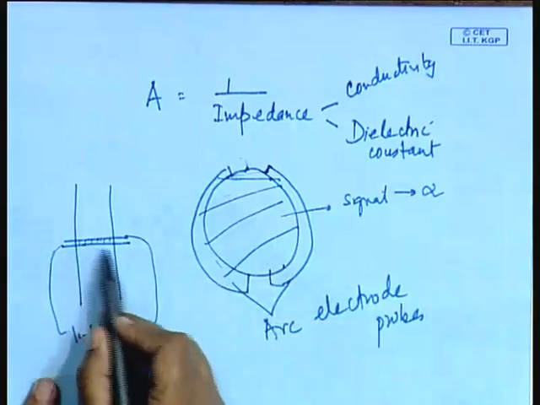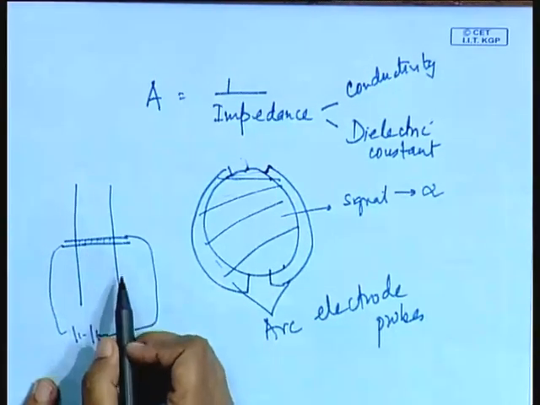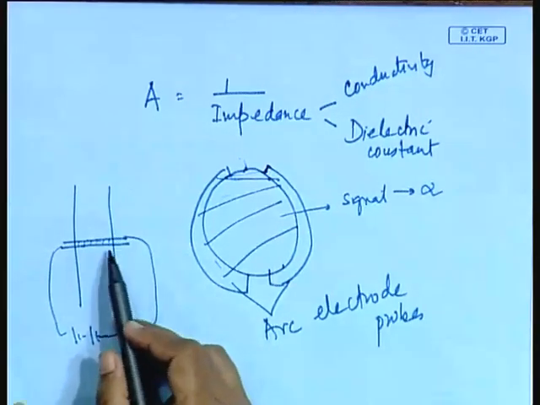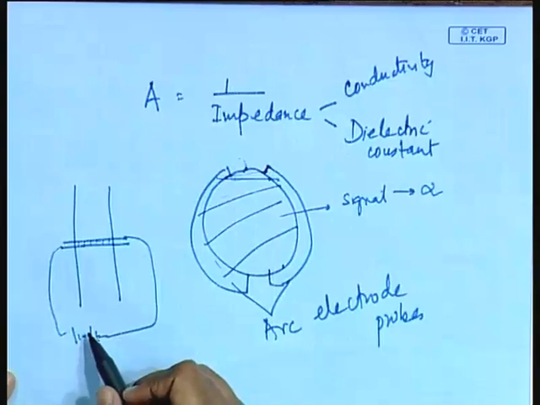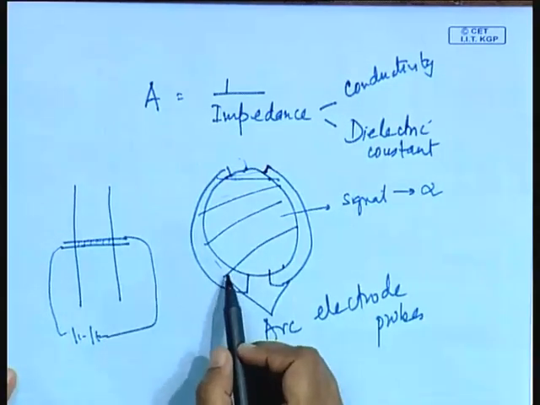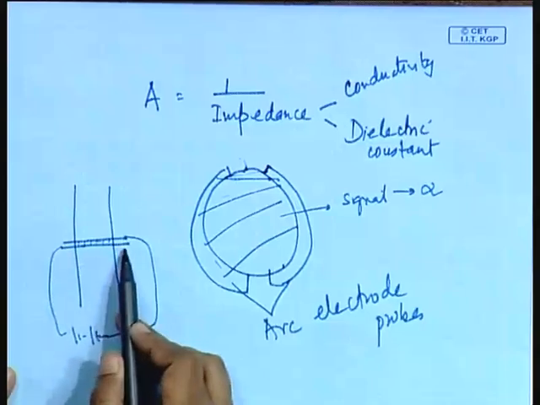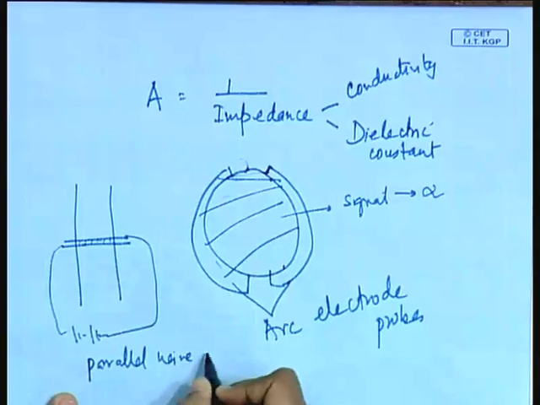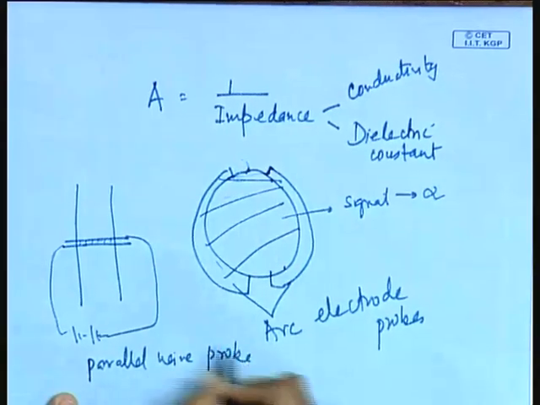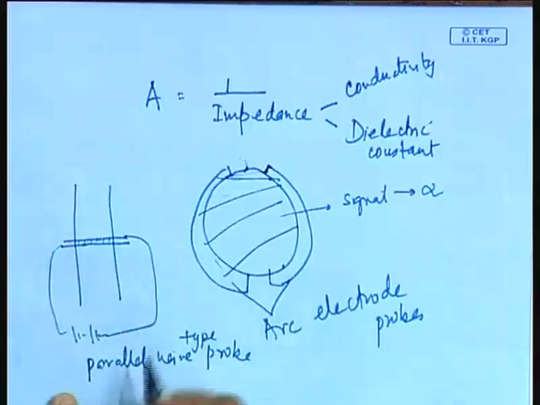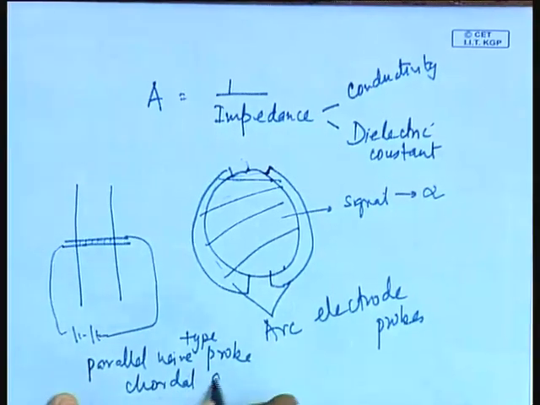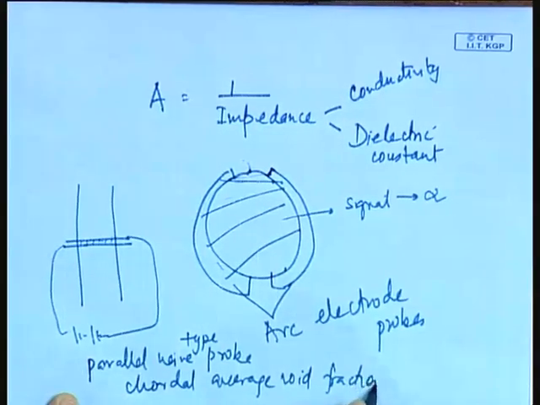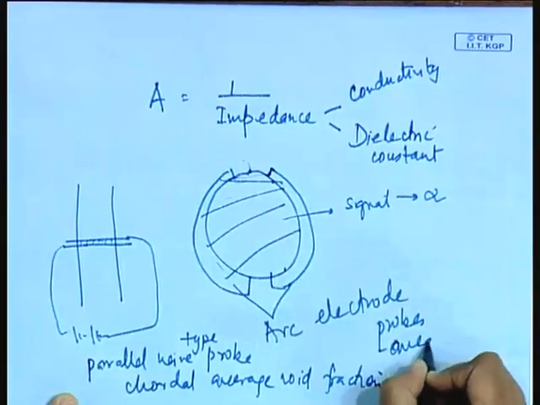Here the advantage is that the circuit is much simpler, and getting the estimate of void fraction from the output data is simpler in this case. So, instead of the arc electrode, we very often prefer the wire probe. It is known as the parallel wire type probe, which gives us the chordal average void fraction. This gives you the area average void fraction.